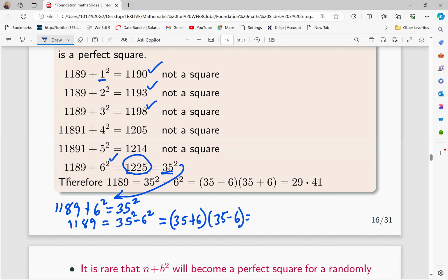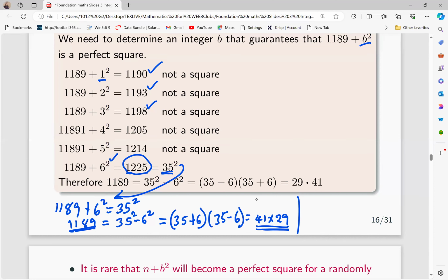The first bracket is 41, and the second bracket is 29. So it means that these two are the factors of the number that we were factorizing, 41 and 29.